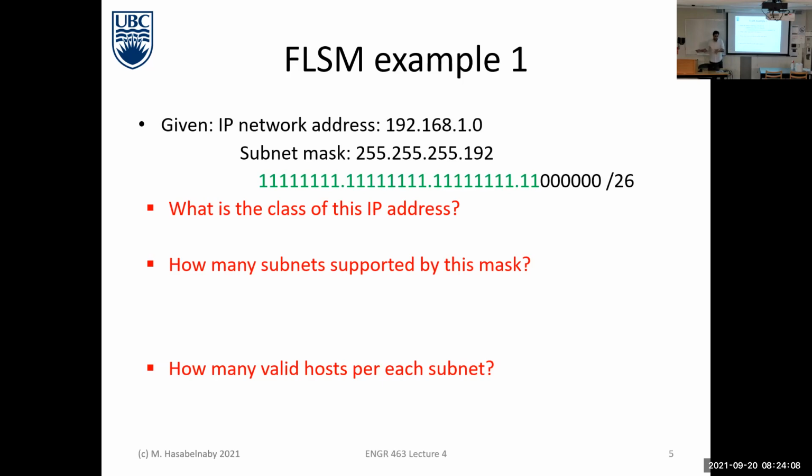If you want to connect through your mobile phone, you will be connected to the public network. It is the same here at UBC. You are connected to UBC secure, but each department has its own private network. So this is the basic idea.